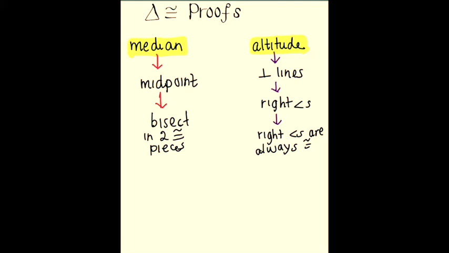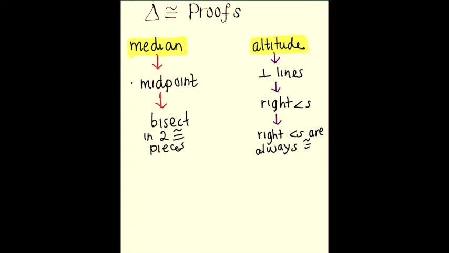So whenever you're writing a triangle congruence proof and you see the word median and altitude, these are the things that have to pop into your head. When you see median, the first thing that should come to mind is midpoint. And midpoint tells you that you're bisecting a line segment into two congruent pieces.